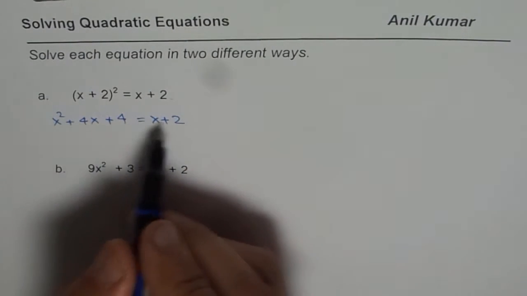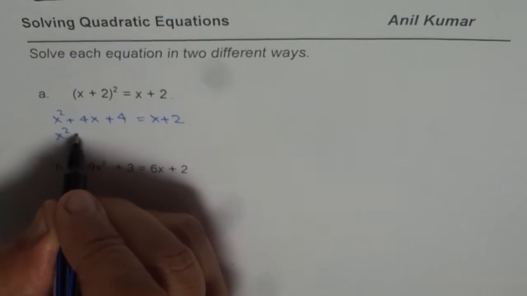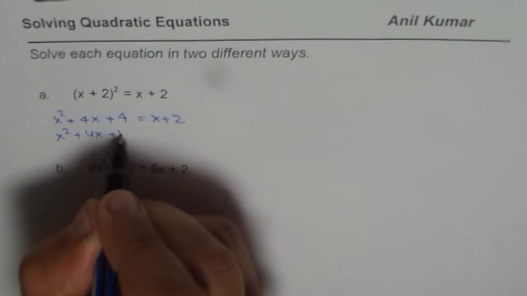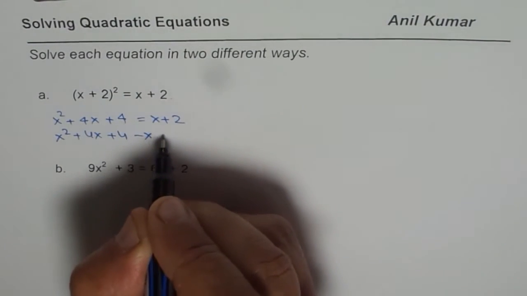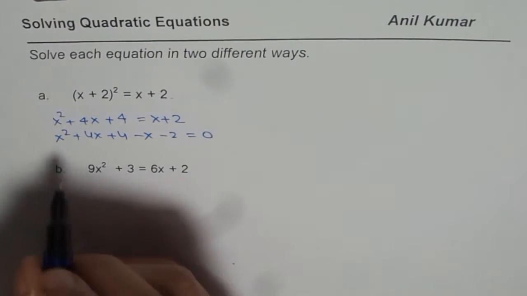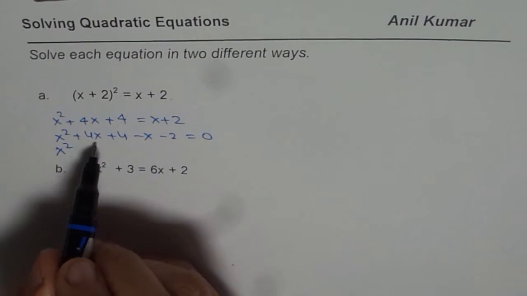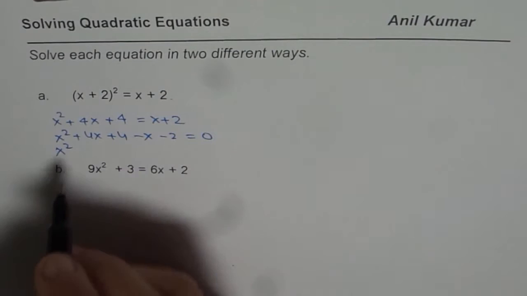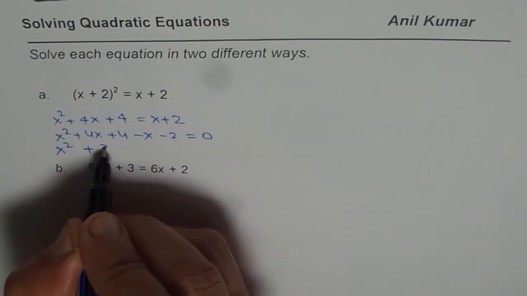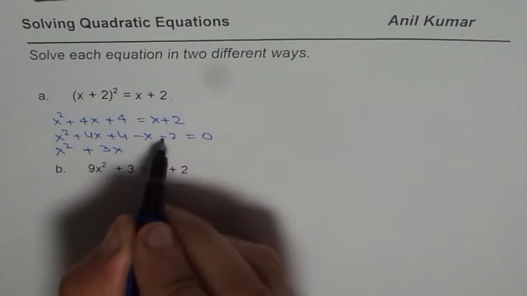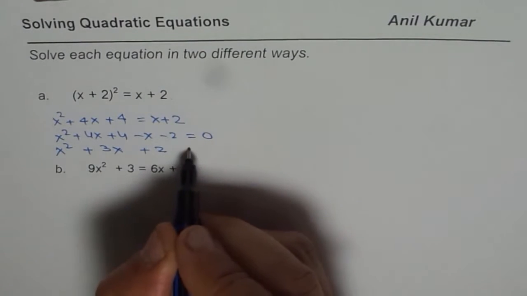Now we'll bring them to the left. So we have x² + 4x + 4 − x − 2 = 0, and then we have x², and 4x minus x is 3x, right? So plus 3x, and plus 4 minus 2 is plus 2, equals 0.